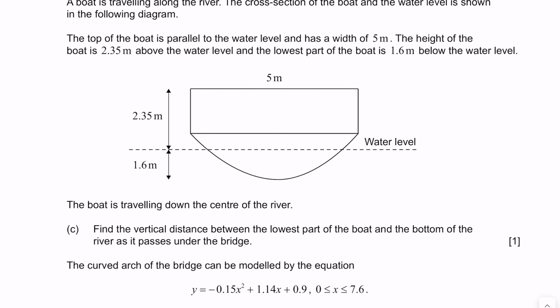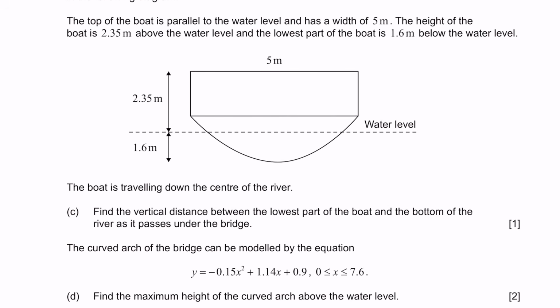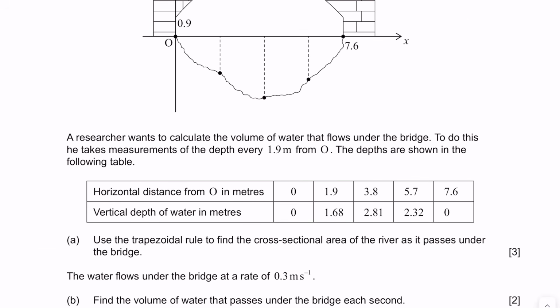So the total depth of water is 2.81, but we want to find the vertical distance between the lowest part of the boat and the bottom of the river. So 2.81 meters, that's the bottom, and this boat goes down 1.6 meters. So maybe I'll write it here actually. So here we have 1.6 meters. This total distance right here we know is equal to 2.81.